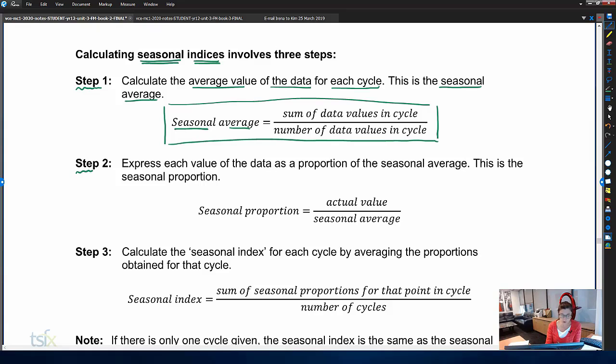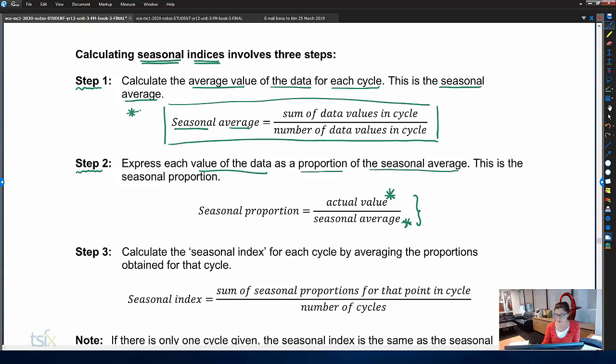In step 2, once you've calculated your seasonal average, you need to express each value of the data as a proportion of the seasonal average. So what we're asking you to do is take the actual data values and change them to a seasonal proportion. You take your actual value, the original data that you were provided with, and you divide it by the seasonal average that you calculated in step 1.